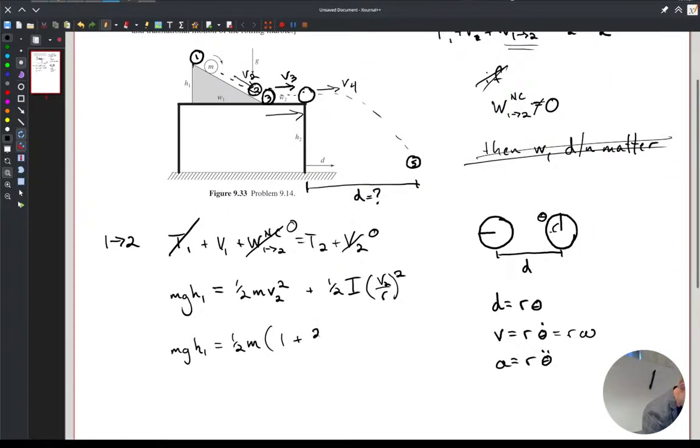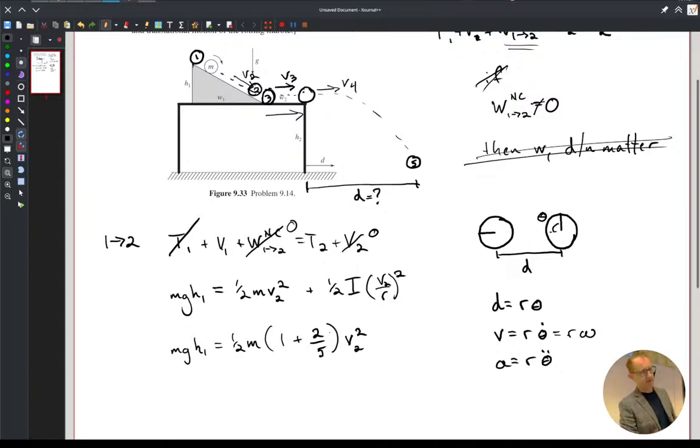So 2/5 V2 squared. Oh yeah, because this is an R squared over R squared. So we end up with 1 plus 2/5 times V2 squared. All right, so we have a way we can get that V2 value.